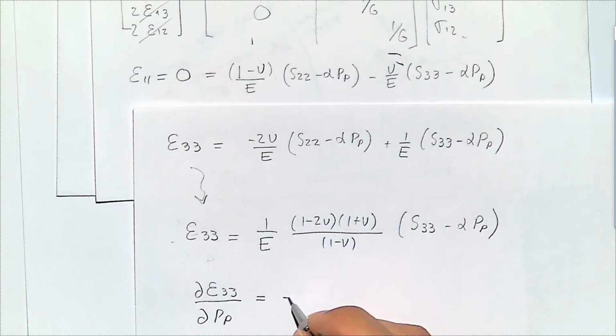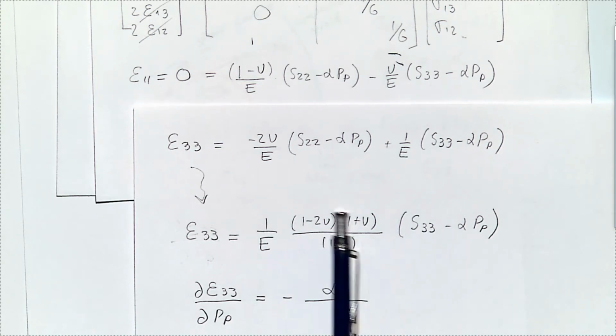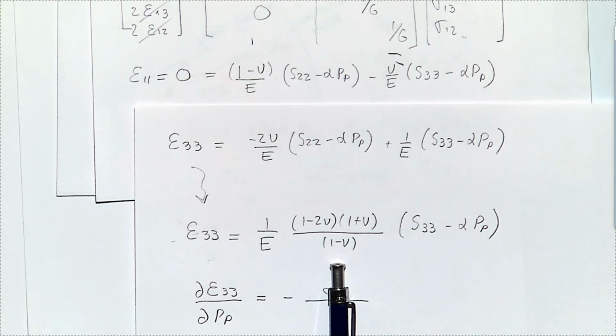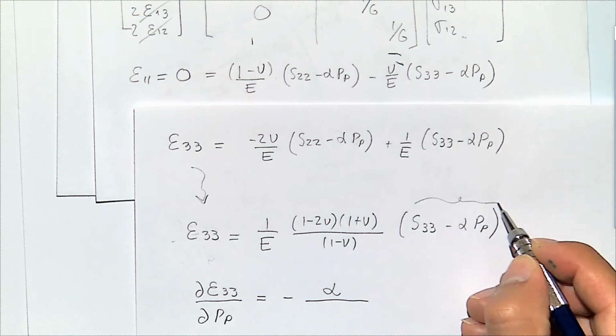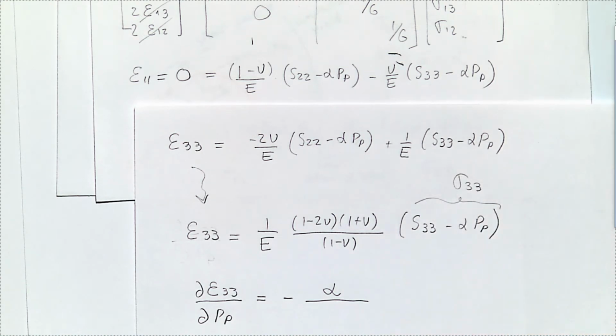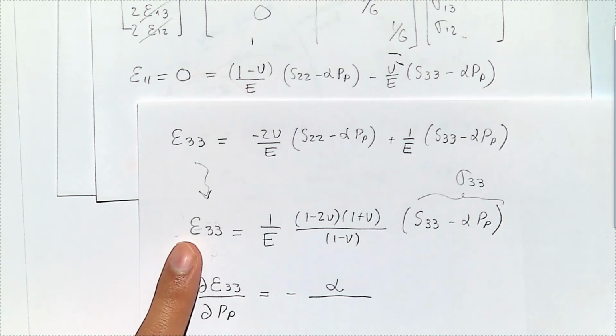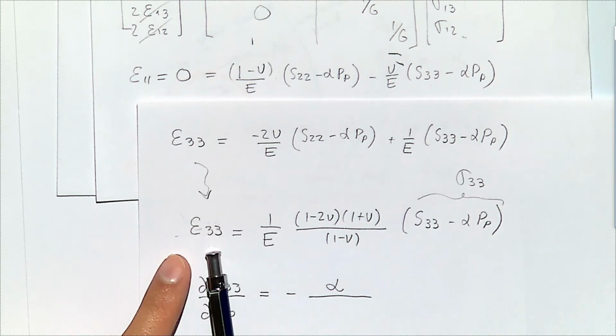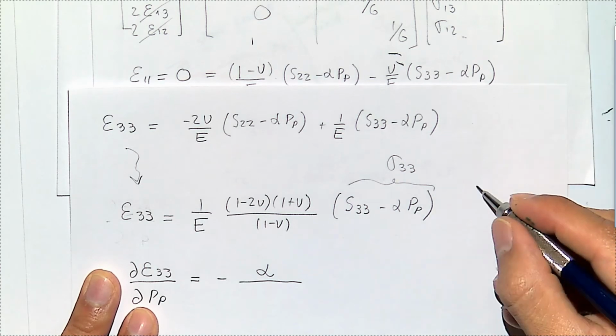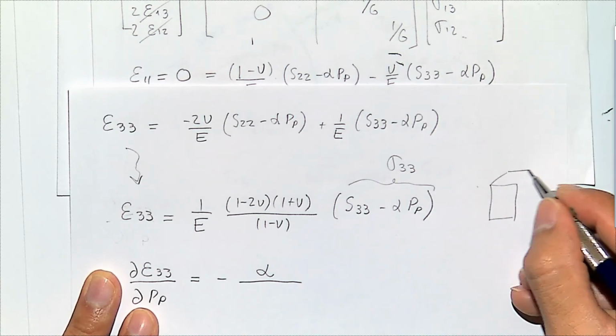And do you guys recognize what is this? So this is an equation we already had before. This is effective stress. And this is effective vertical strain for a 1D strain condition.